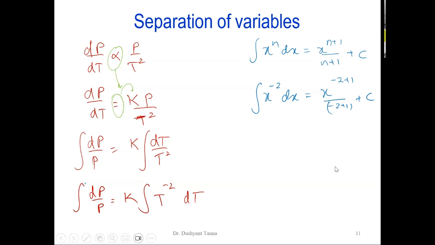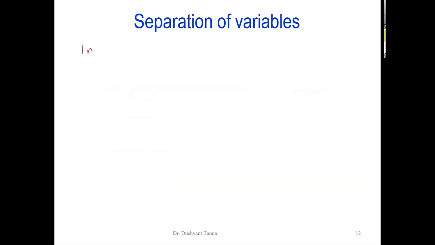Now I'll integrate using this formula. dP over P is ln P. This is t power minus 1 divided by minus 1. K is there already. Plus c will come in place, or ln c, up to you. It doesn't matter, we will change it anyway. I'll keep it c just to give you a feeling of what would happen if you forget writing ln c. Okay, let's simplify this a bit.